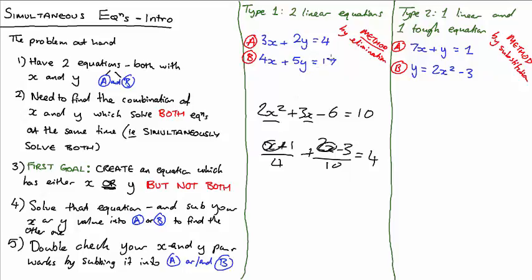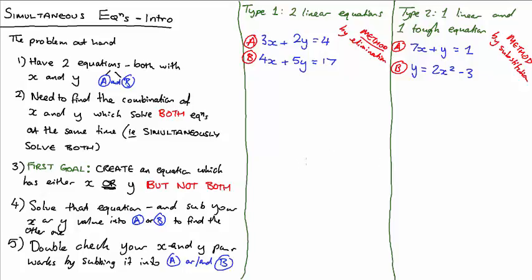Both of these equations and the two equations here have both x and y. And you can never solve an equation which has x and y, or basically more than two unknowns. So the first aim, can you see this? We'll always start with two equations which have both x and y. Hopefully you understand the question.